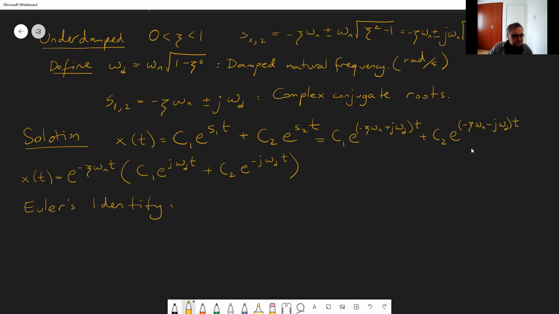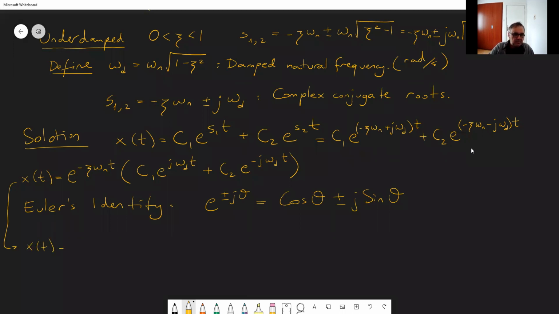Remember that e to the plus minus j theta is equal to cosine theta plus minus j sine theta. Okay, so we can write the following as follows.